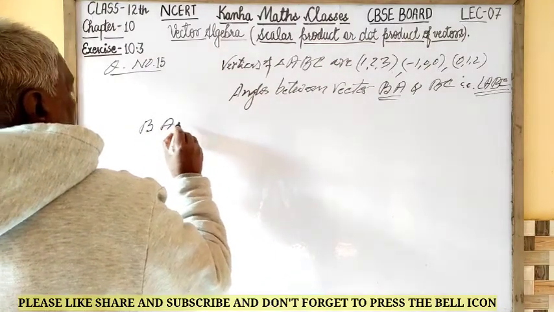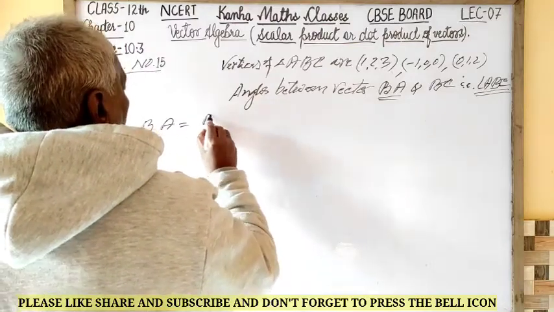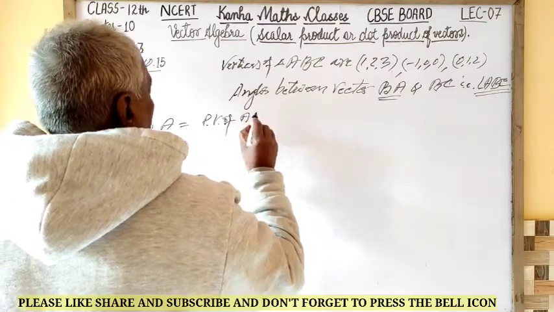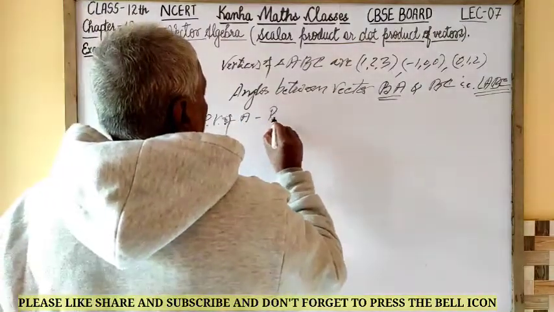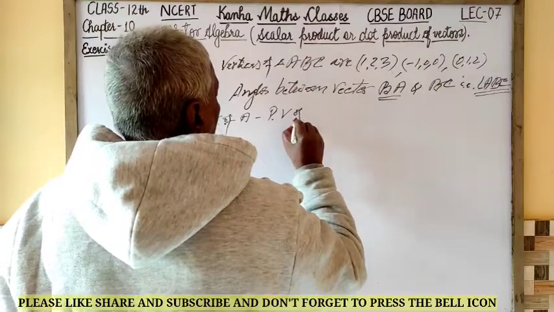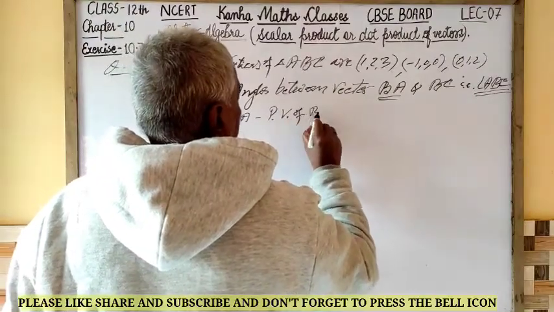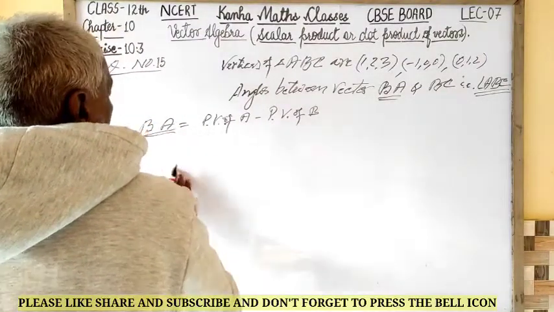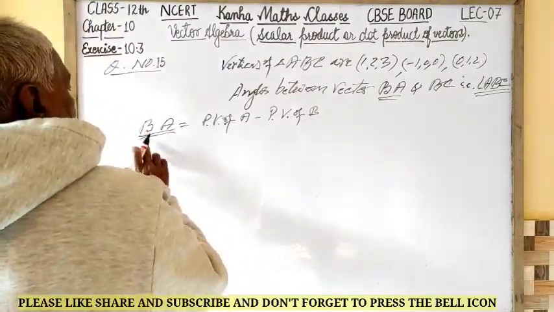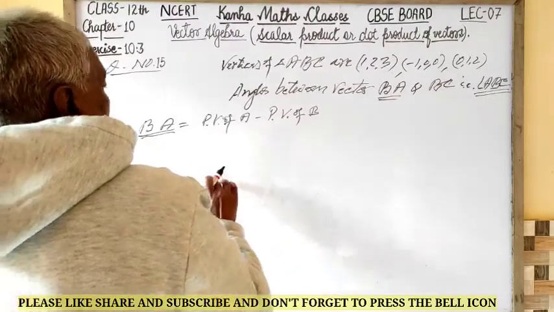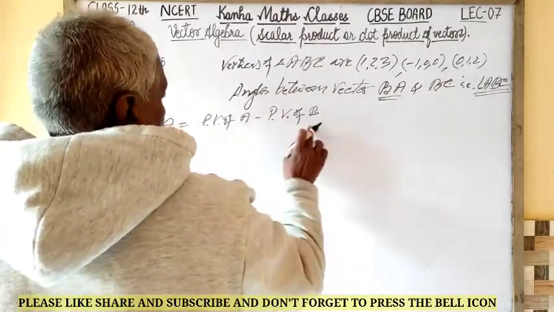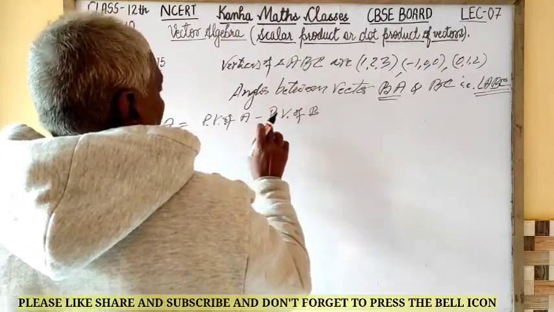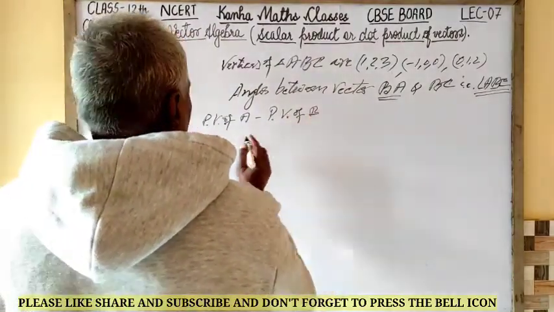Vector BA is equal to position vector of A minus position vector of B. As you know already, if you want to find out the value of vector BA, you must adopt this formula, that is position vector of A minus position vector of B.